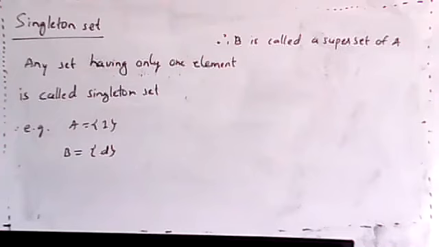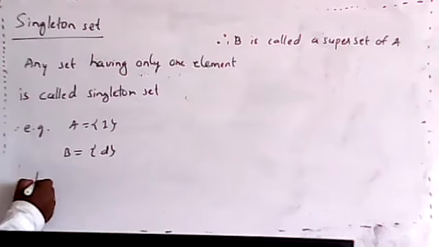Do you know something about real numbers? The real numbers are those numbers which have both rational and irrational numbers in their collection, right? The real number set is the biggest set.